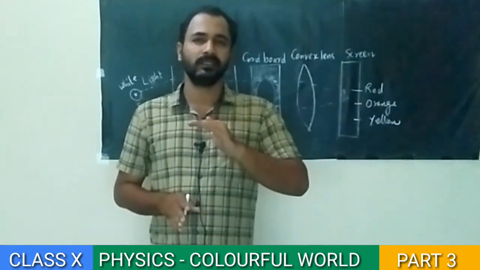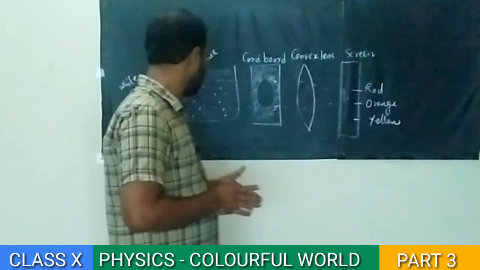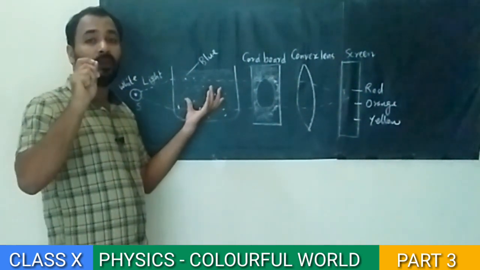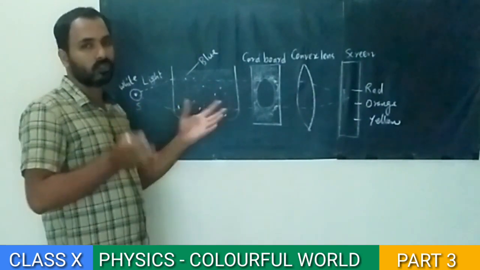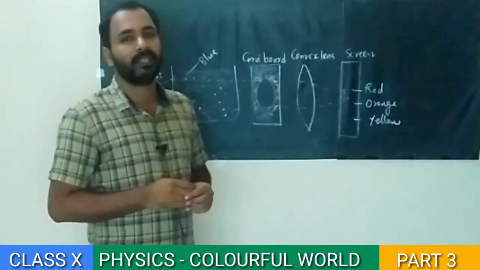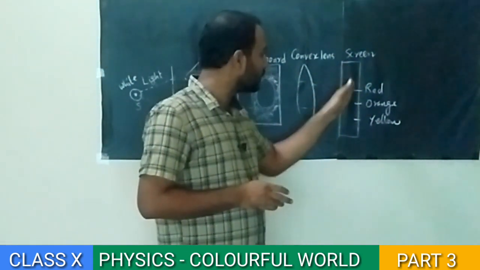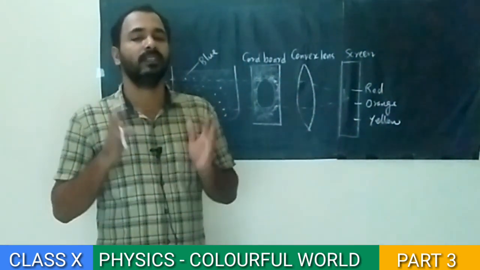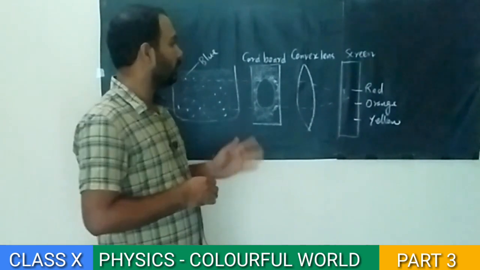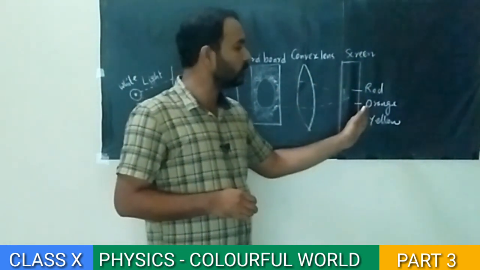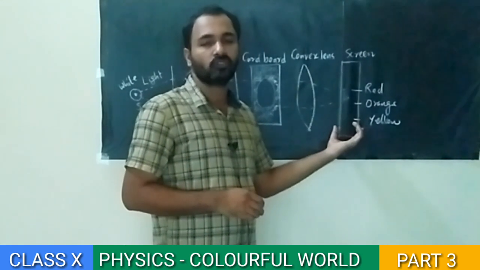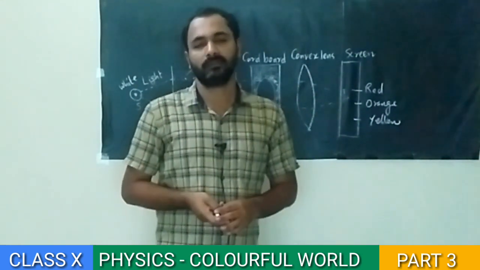Which color is most scattered? Blue is most scattered by very fine particles. In the first part of the experiment, white light reaches the screen. In the second step, red, orange, then yellow reach the screen without scattering.